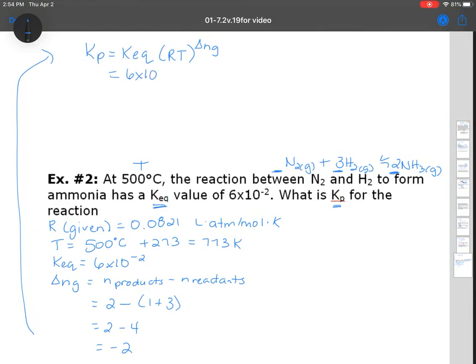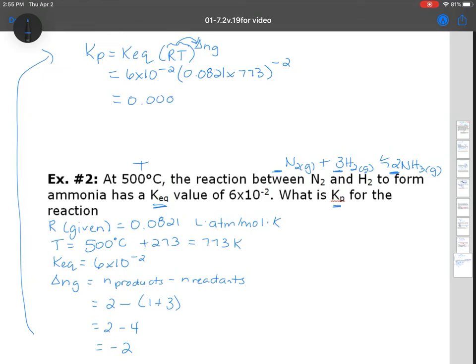Okay, so now we're going to plug in what we know. The hardest thing to these questions is really if you had to solve for Keq and then you had to do a little bit of rearranging. You do need to do the multiplying inside the brackets here first before you apply the exponent negative 2. So it's just these two things to the exponent here. So do 0.0821 times 773 to the exponent negative 2, and then multiply by 6 times 10 to the negative 2.